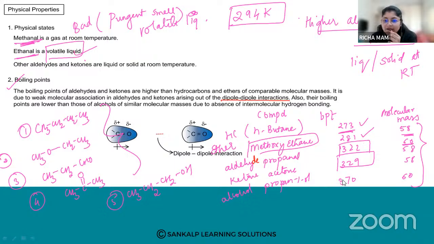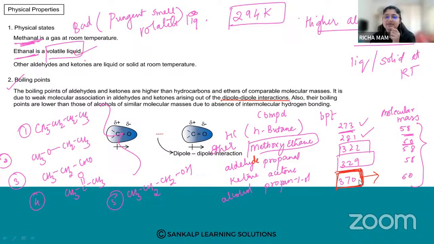However, in the case of alcohol, the boiling point is higher. Why? Because in alcohols there is strong intermolecular hydrogen bonding. So the boiling points of aldehydes and ketones are slightly lower as compared to alcohols.